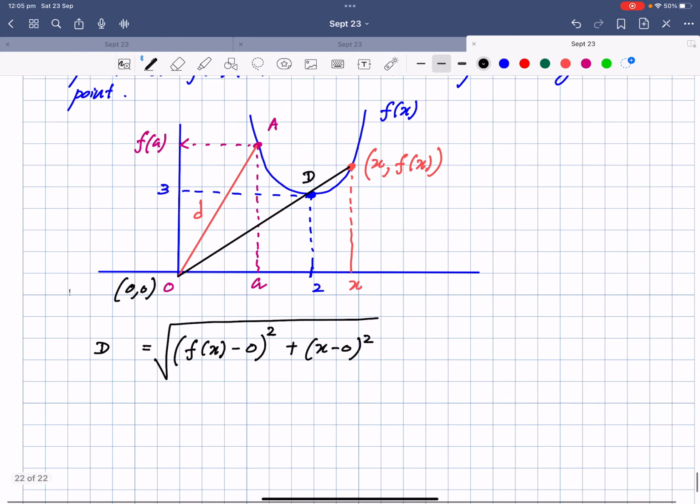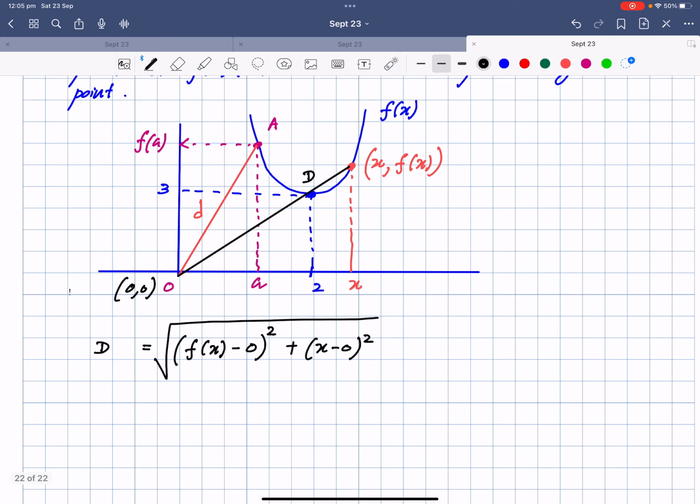If you simplify this a little bit, you will get the square root of f(x) squared plus x squared, and that is D.